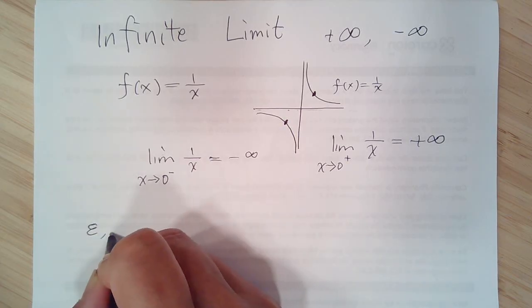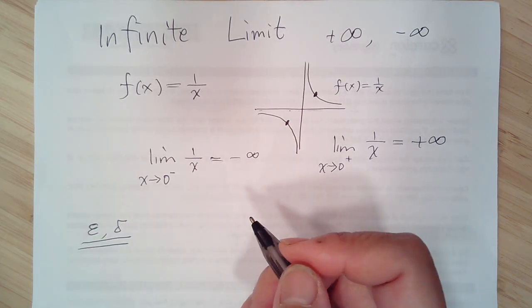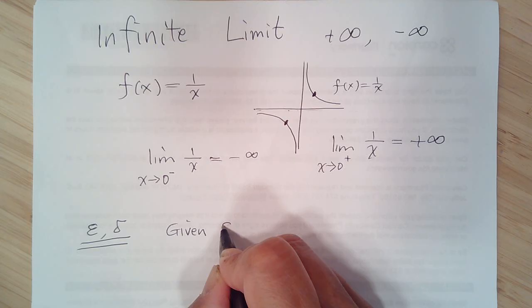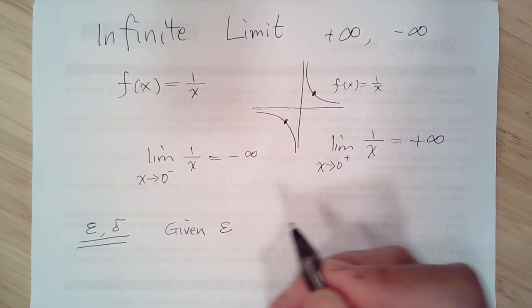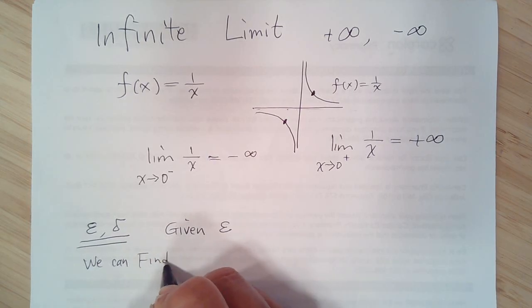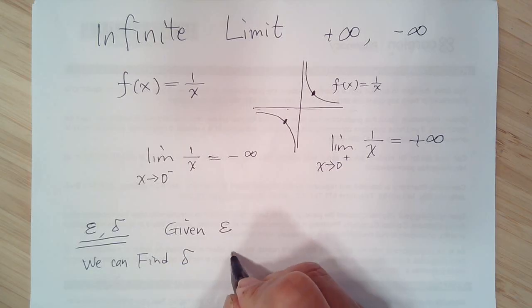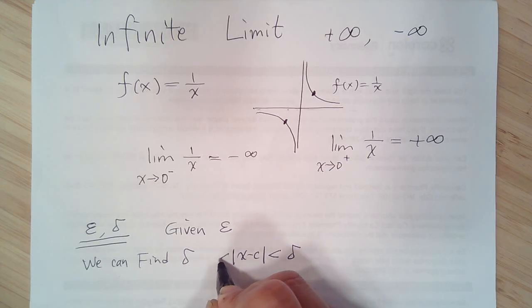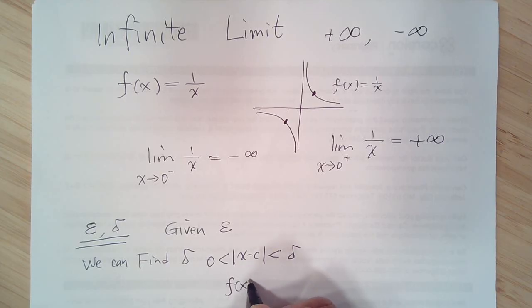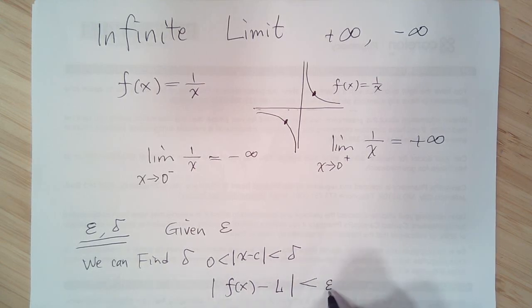What it says is, for any given little number epsilon, we can find a delta such that the distance between x and c is between 0 and delta, and that makes the absolute value of f of x minus L less than epsilon.